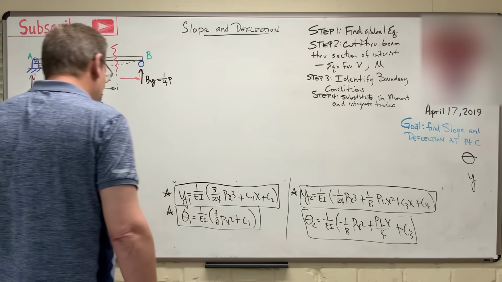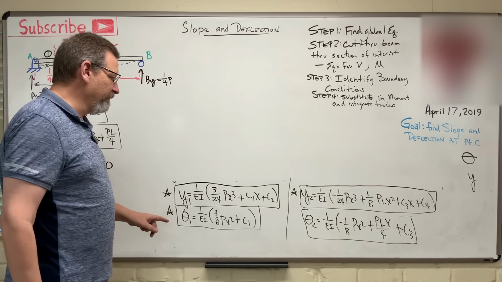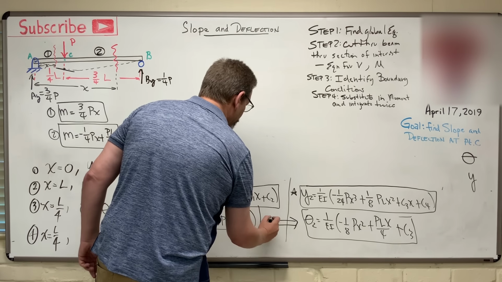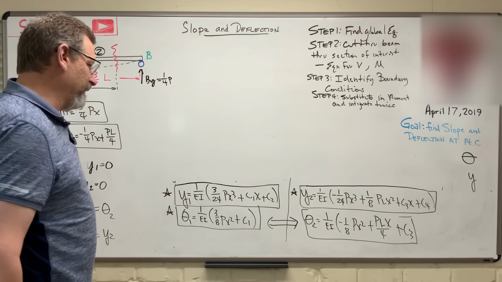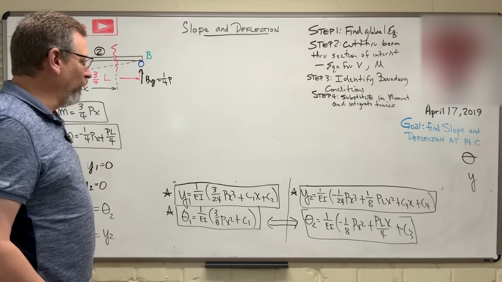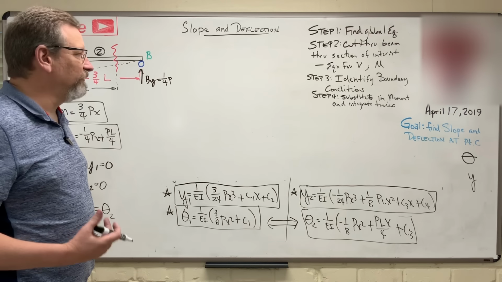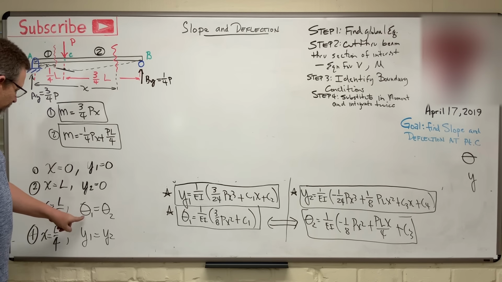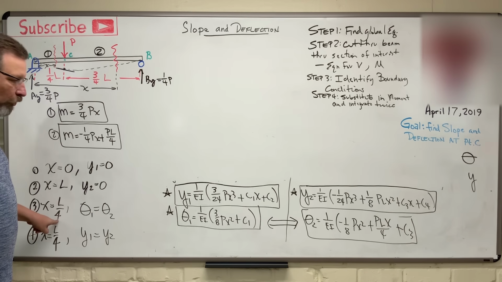Let's take our 2 theta equations. Theta 1 equals theta 2 when x equals L over 4.